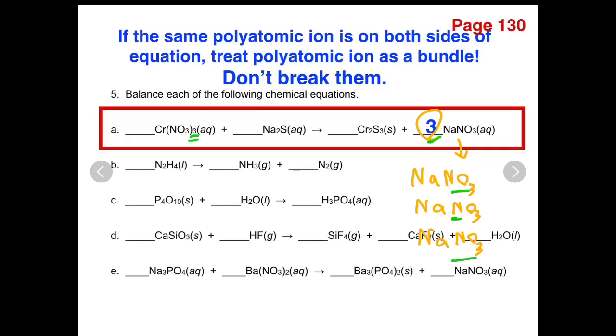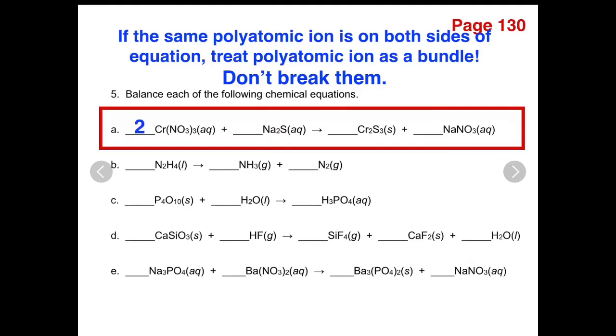If you add 3 here, you're going to look at the next element, which is sodium. If I look at sodium, there are 3, according to what we just added here. But on this side, we have only 2 sodium. So in this case, it will not work, because 3 sodium and 2 sodium, you have to find a common denominator, right?